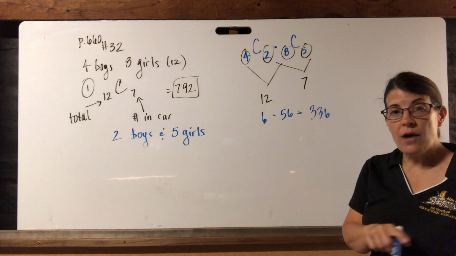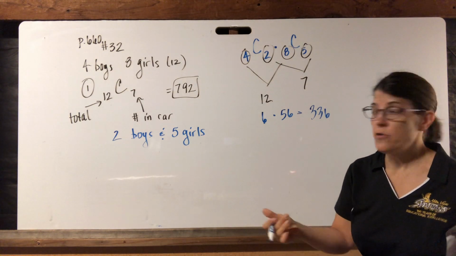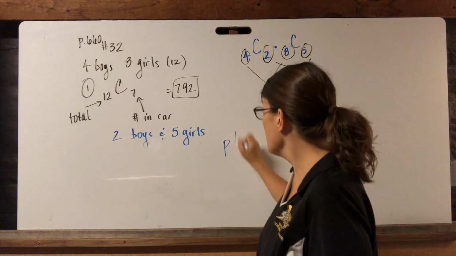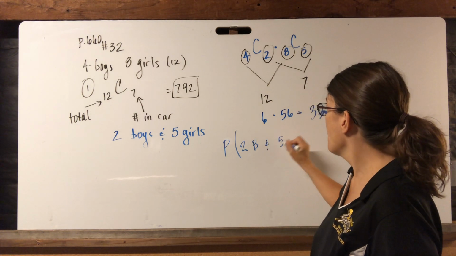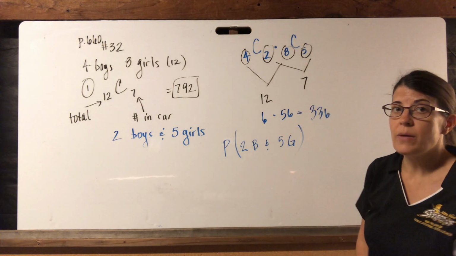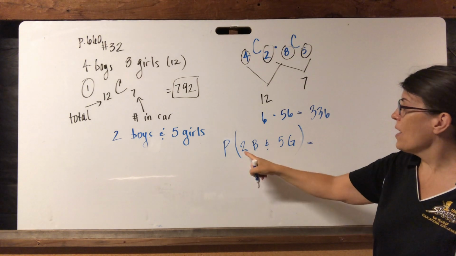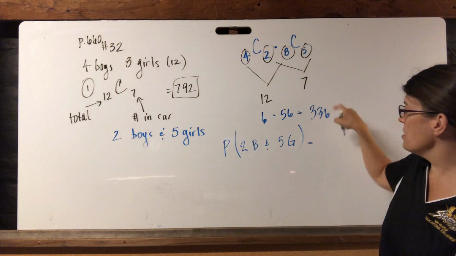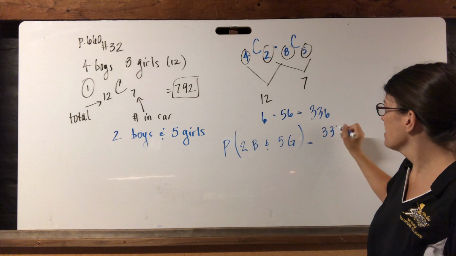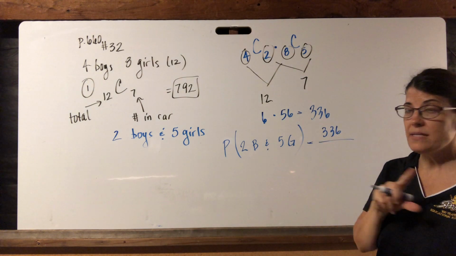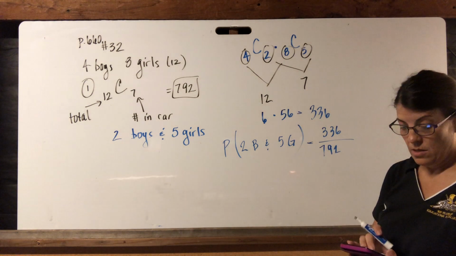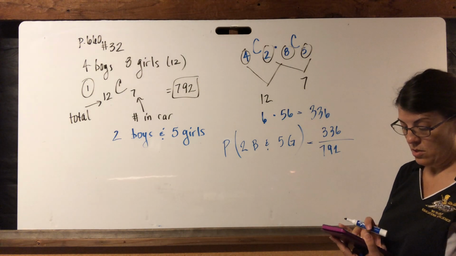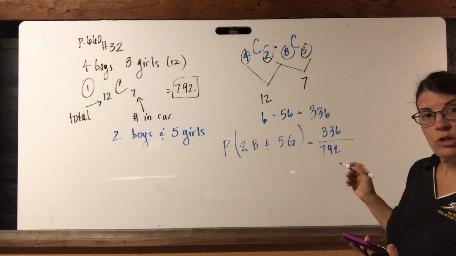I don't know what the question asks, but I'm going to take it a step further. What is the probability that 2 boys and 5 girls go on this trip? How many ways can 2 boys and 5 girls happen? 336. How many ways can 7 different kids get in the car, the station wagon, whatever it is? 792. That's 42.4%.